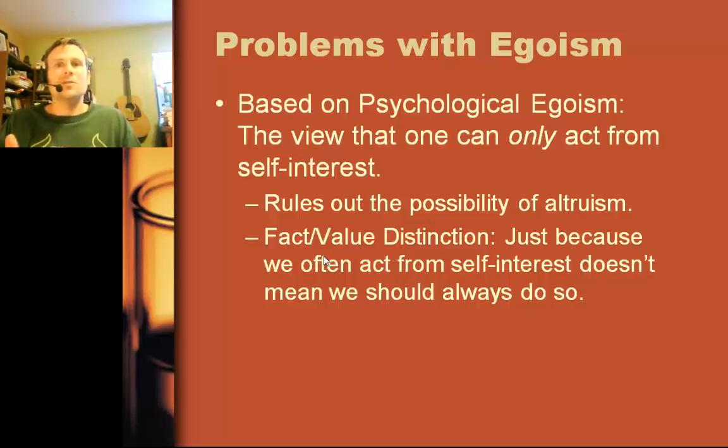Now, of course, you could say, well, the guy who throws himself on a grenade does that so that he can live with himself afterwards, right? Because he thinks, oh, I couldn't possibly live with myself if I let my friends die. So the only thing I could do and still be happy is throw myself on the grenade. But that's a real stretch to think the only way I can be happy is to kill myself.